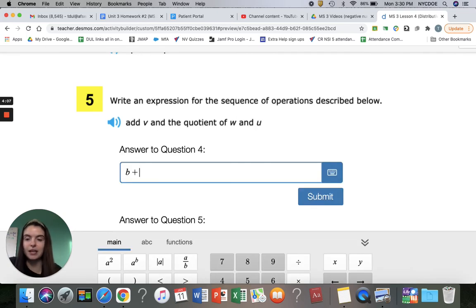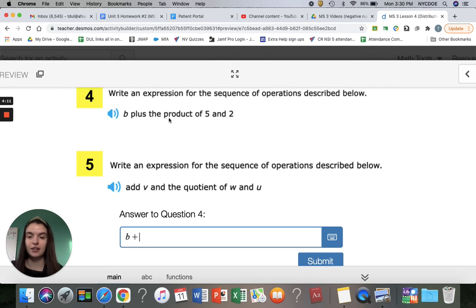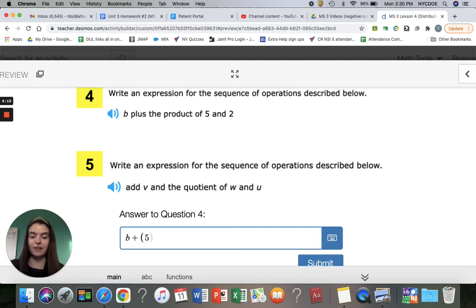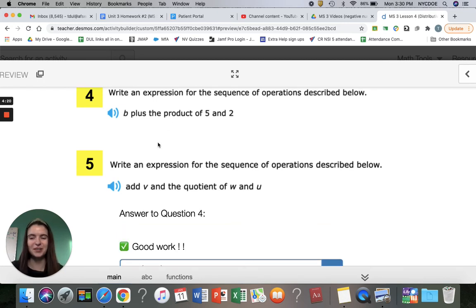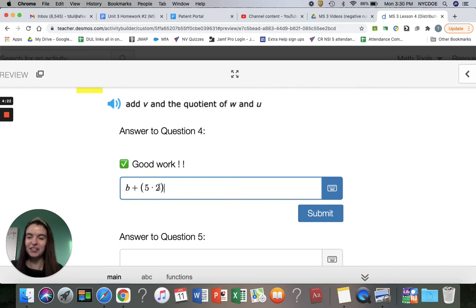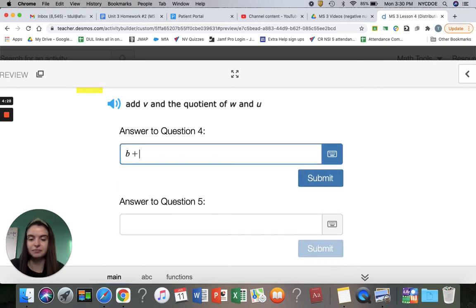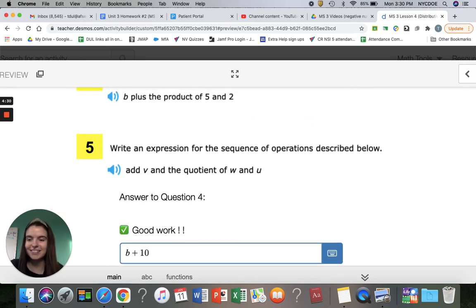So B plus, then it says the product of 5 and 2. Product meant multiply, so we're multiplying 5 and 2. We know what 5 times 2 is, it's 10, so we could just write this as B plus 10. Either of those are correct.